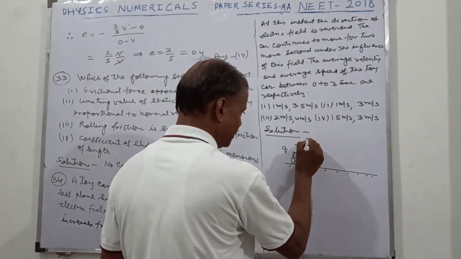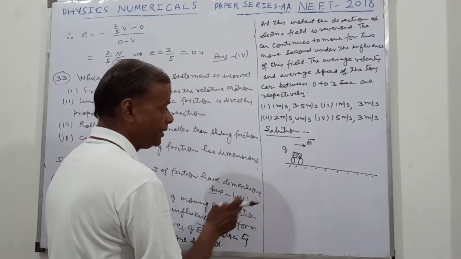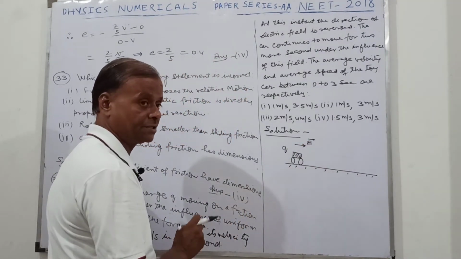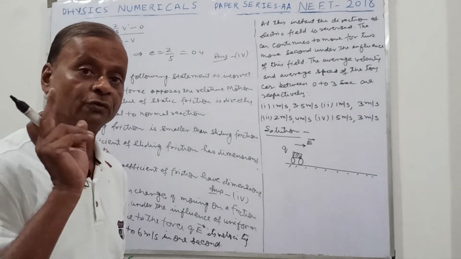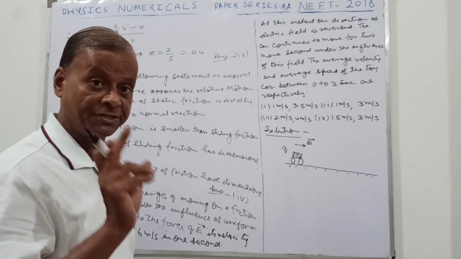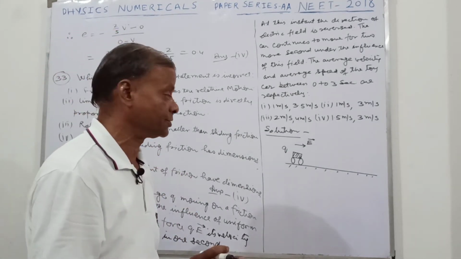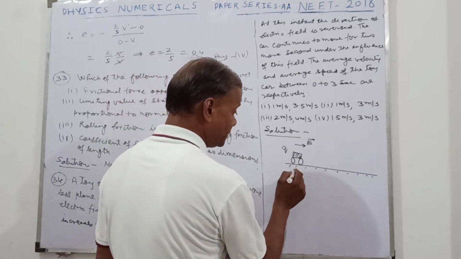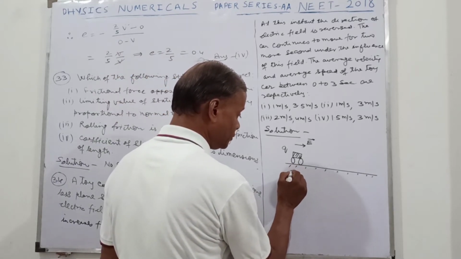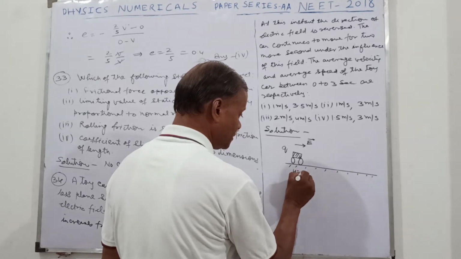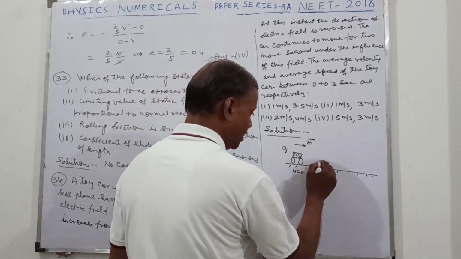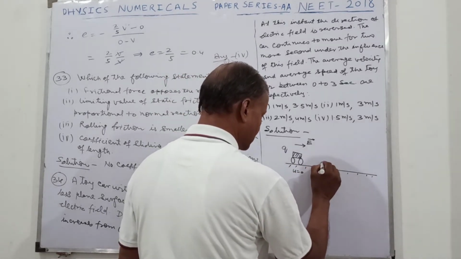This is the electric field. It moves for 1 second. This is given in the question that it moves for 1 second and it gains the velocity from 0 to 6 meter per second. This means that the initial velocity is 0. After 1 second, the car is here.